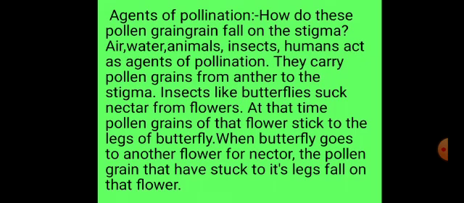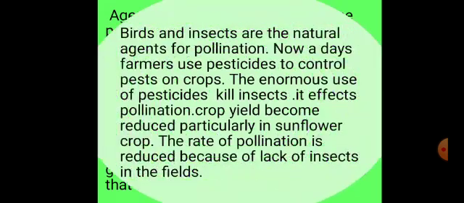When the butterfly goes to another flower for nectar, the pollen grains stuck to its legs fall on that flower. From one flower to another, butterflies carry the pollen grains, so they act as pollination agents. Not only butterflies and insects, but also human beings and water act as agents of pollination.